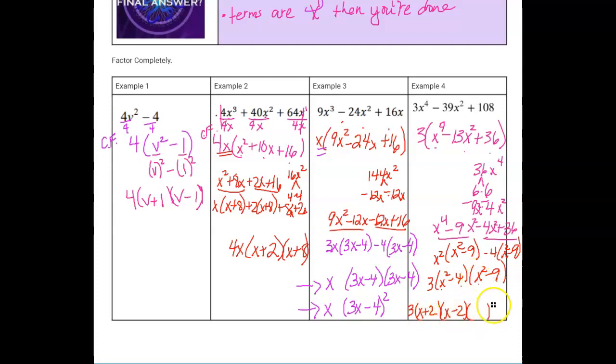Same thing here, 2 groups. That's x squared, and 9 is 3 squared. 1's plus, 1's minus. So we did 3 different types. We did common, we did trinomial, and we did perfect squares on this one. All right, so you give it a go and see how you do.